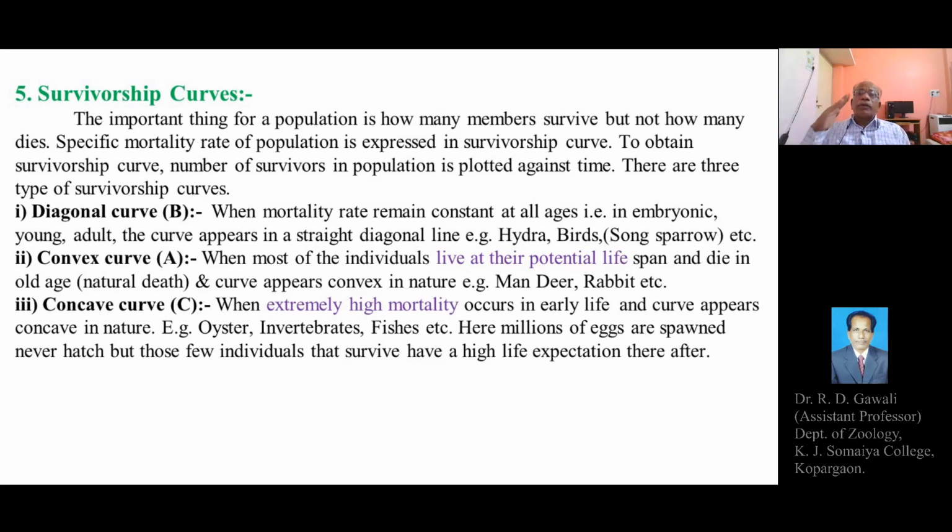For example, it is found in freshwater aquatic organisms like hydra and in birds like song sparrow.